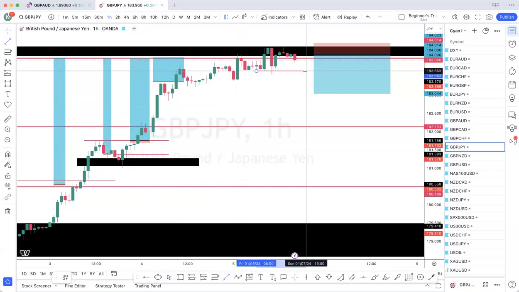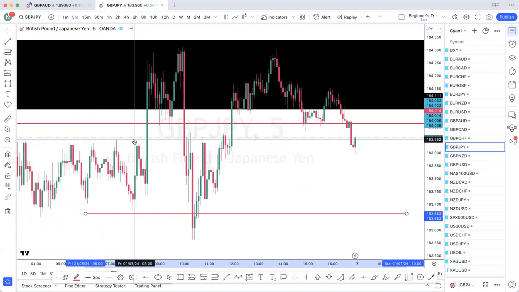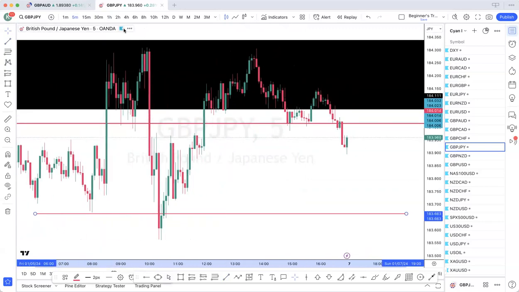That is a wick past the low. Okay, I guess on the 1 hour time frame it's a wick. On the 5 minute time frame it's probably a break. But I'm never going to the 5 minute. I ain't going down there. I get what you're saying, but I want to see it on the time frame that I'm watching, which is the 1 hour. Okay.